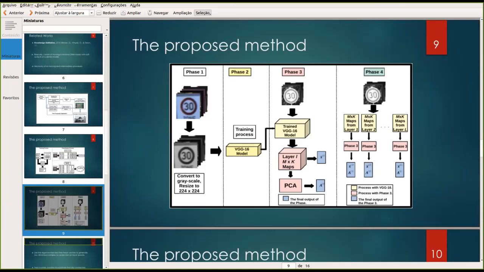In phase two, the VGG model is trained with this preprocessed subset.